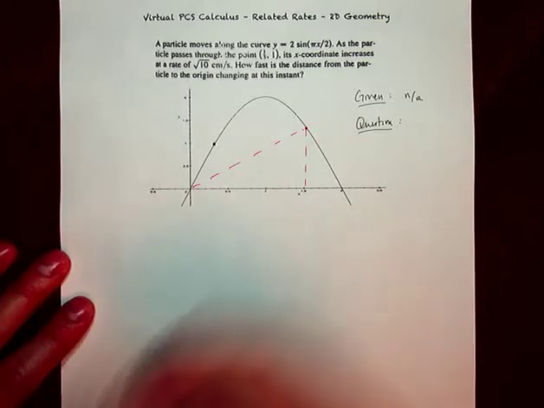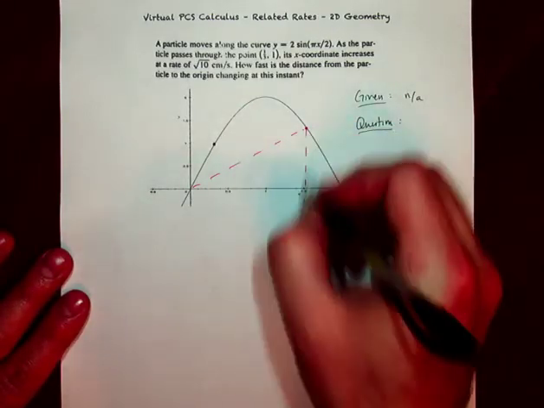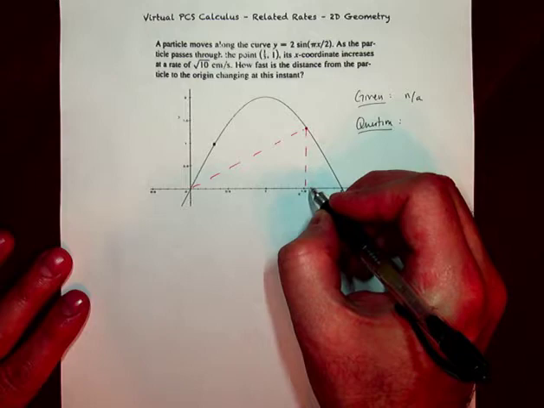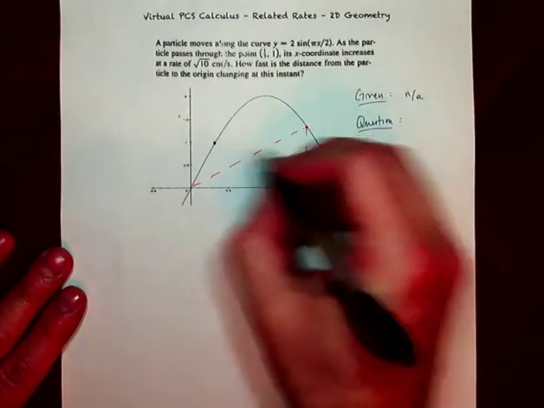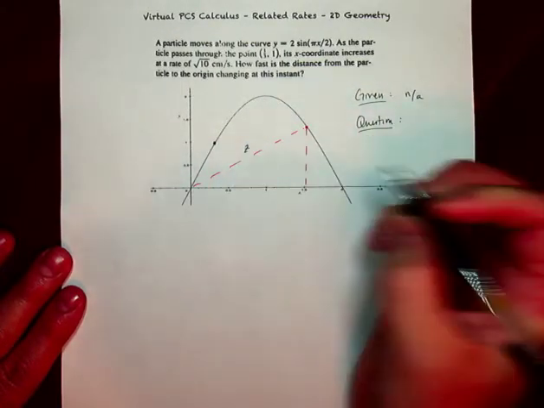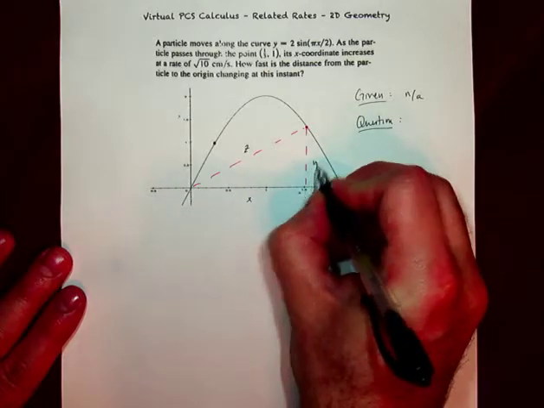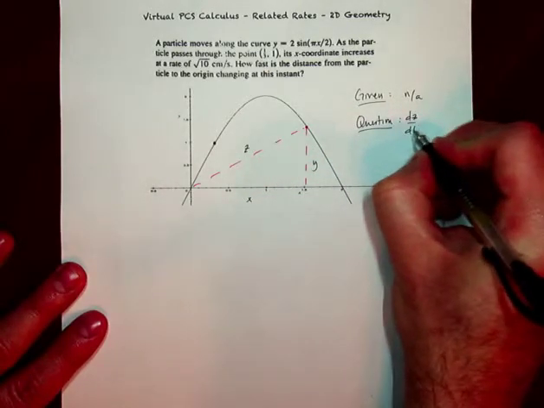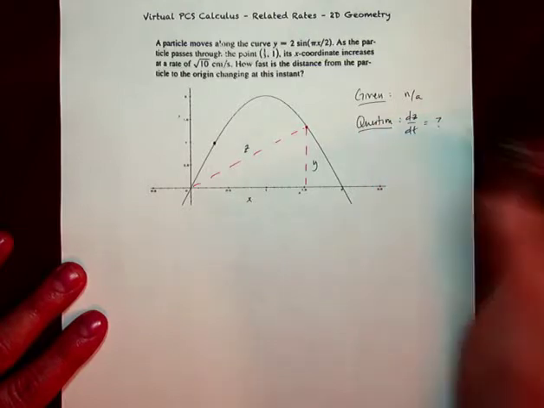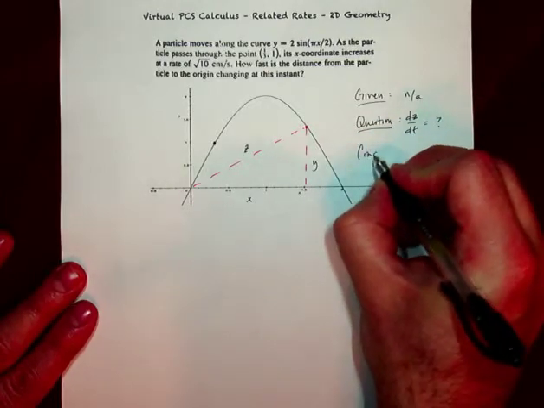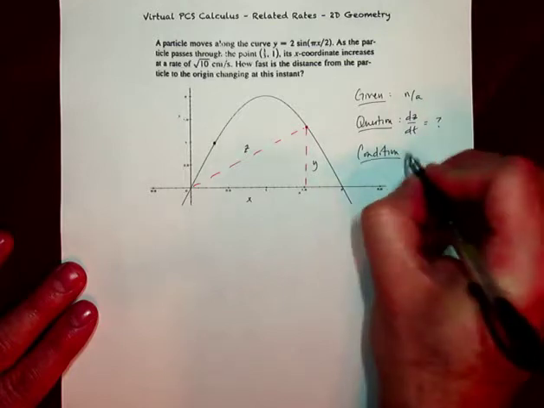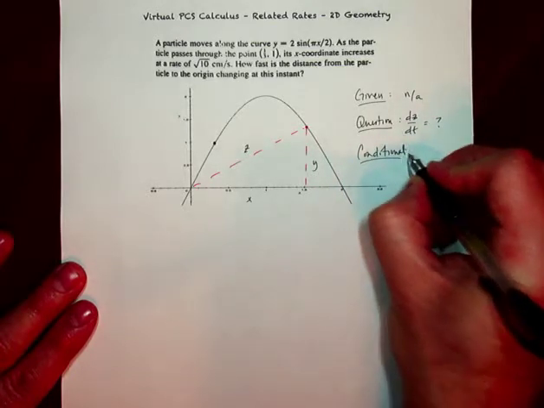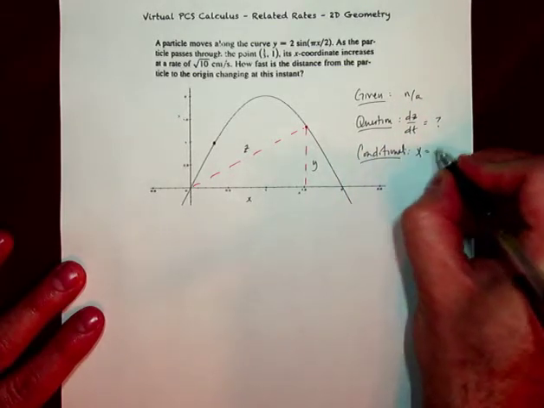So let's go ahead and designate just any old triangle which judges the distance. Let's call the hypotenuse z. This is of course x and y. So what I'm really looking for is dz/dt. And I'm looking for it on the condition that x is 1/3, right?